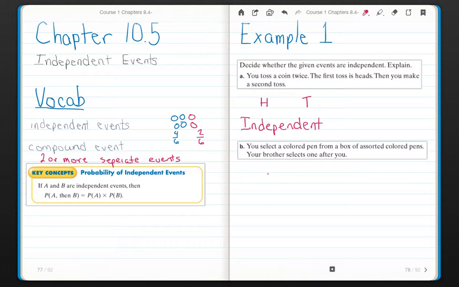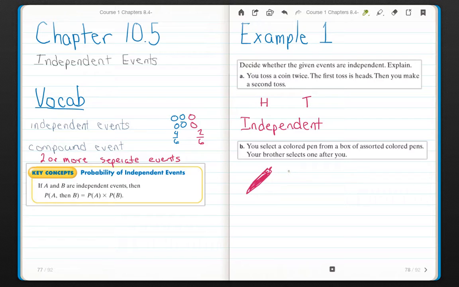So part B, you select a colored pen from a box of assorted colored pens. Then your brother selects one after you. So if you select a pen, let's say you select a nice pink pen here. It's a little bit more like a dagger, but you get the idea. Look, it's a little pen. Okay, so you select a pen from the box. Now, you keep that pen. Your brother can't pick that pink pen.